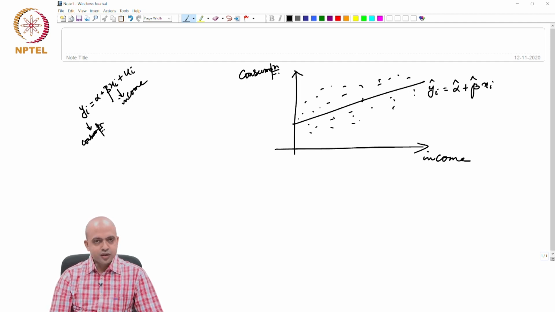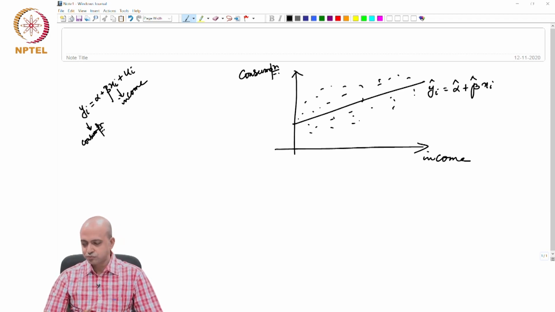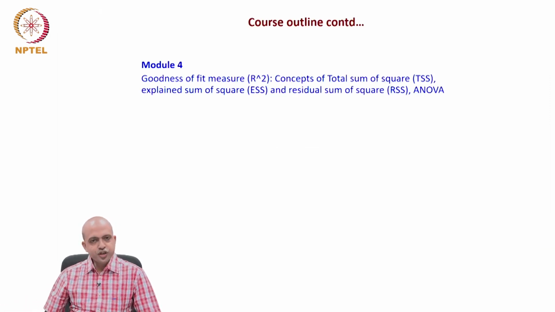That is where the goodness of fit, a measure which is known by R square, capital R square, that is called goodness of fit measure, and that is what we are going to learn in this module. So, goodness of fit measure, and then there are three related concepts.